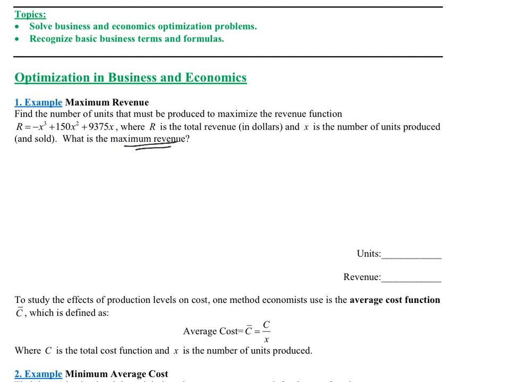So let's see what we have. First step is to find that derivative, R prime of x, which would be the marginal revenue function, if you remember that. Using just the straightforward power rules, you'd have negative 3x squared plus 300x plus 9,375. Again, what you want to do here is set this equal to 0. If we're setting it equal to 0, we have many different ways of solving this quadratic equation.